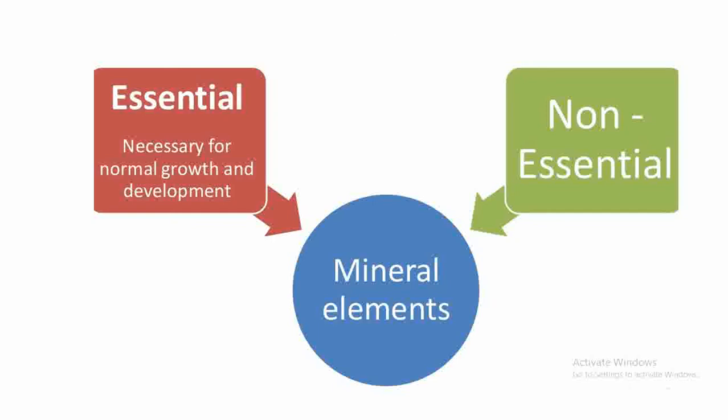So these essential minerals, around 20. Elements required for the plant growth can be divided into two groups: essential elements and non-essential elements. Essential elements are necessary for the normal growth and development of the plant, and non-essential elements are not much necessary for the growth and development of the plant.